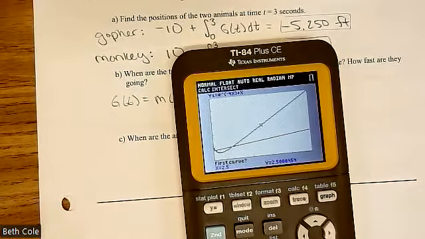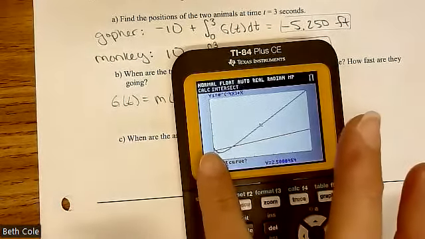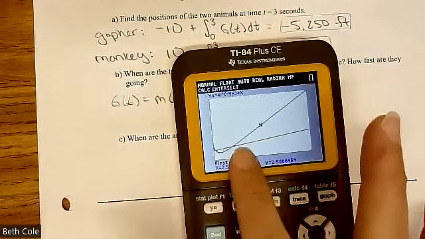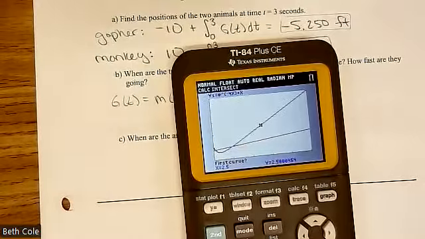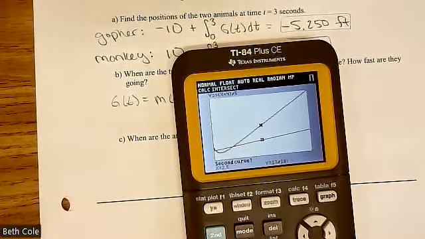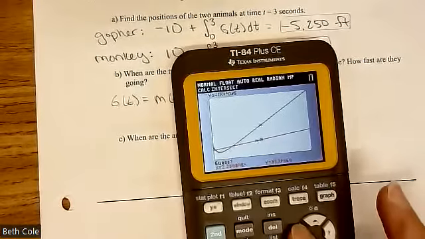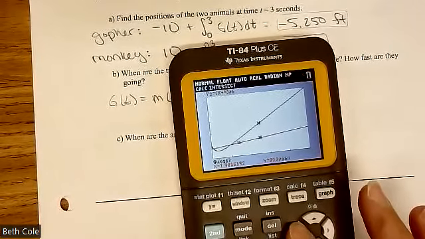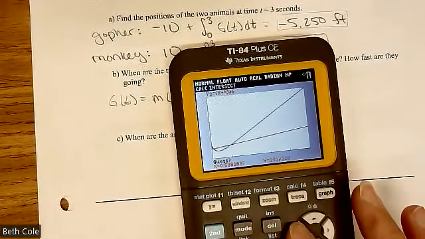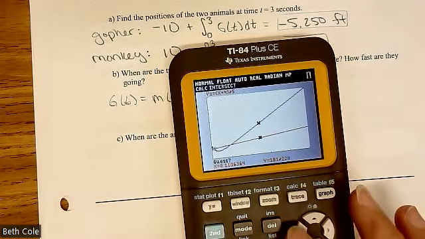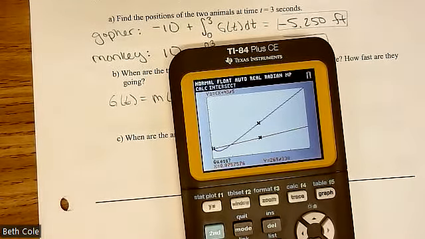For the guess, your cursor needs to be closest to the first one, because there's two options and it'll give you whichever one it's closer to. So I'm going to hit enter for first curve, enter for second curve, but then for guess, you do have to move the cursor closer. If there's more than one option, you have to be a little bit more particular about that.